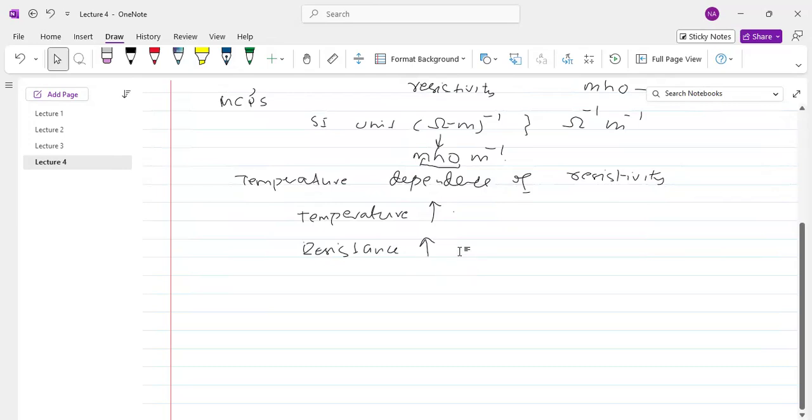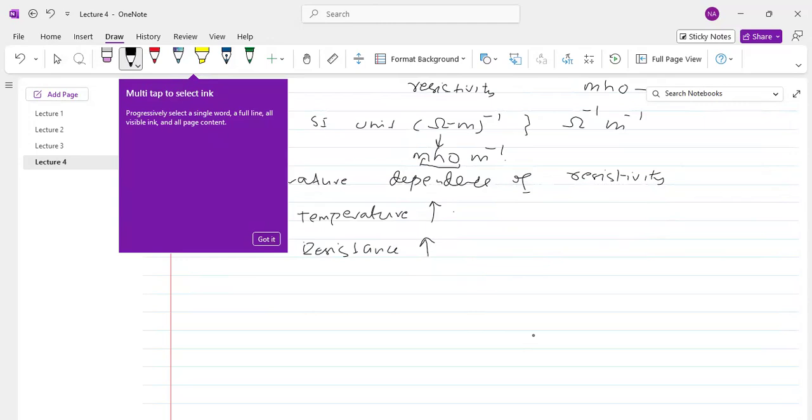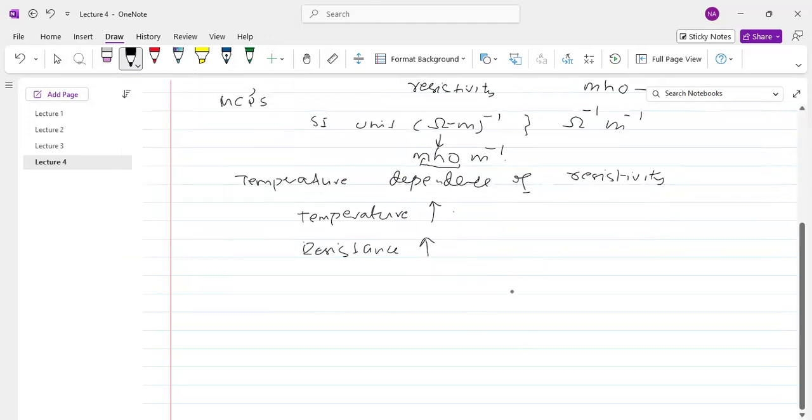You should understand the cause for this increase. Whenever electrons flow through a conductor, electrons actually scatter or collide with the pores.